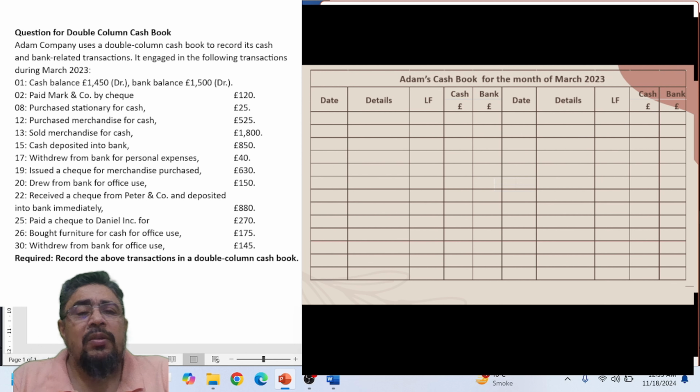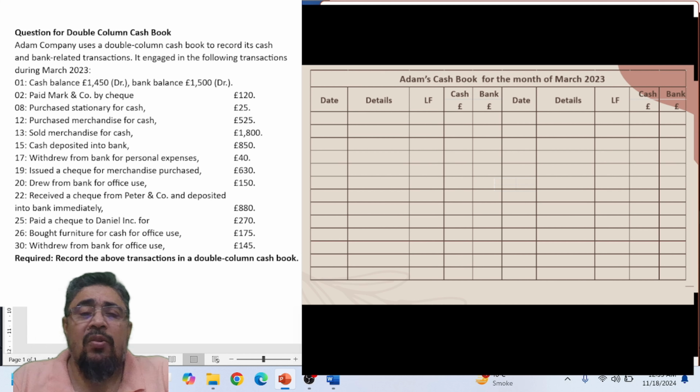So first of all, on the first of March, the cash balance. What is the cash balance? 1450. It is given as debit in the bracket. If debit is not given, it must be debit. And the bank balance is 1500 debit. If it mentions credit, then it is a credit balance. But here it is mentioned debit, so it is the debit balance.